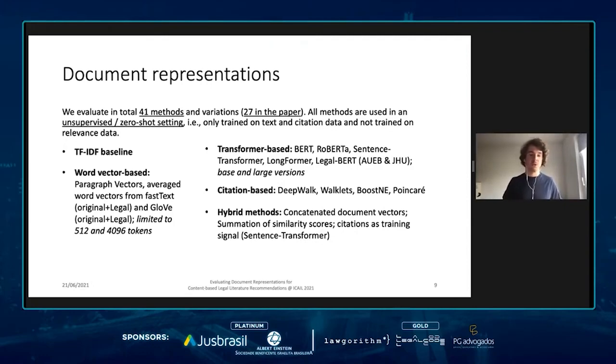There is one approach that is the concatenation of document vectors from 2 methods. And also we have the score summation of similarity scores from 2 different methods. And as another hybrid method, we have a sentence transformer model that we train with citations as training signal.